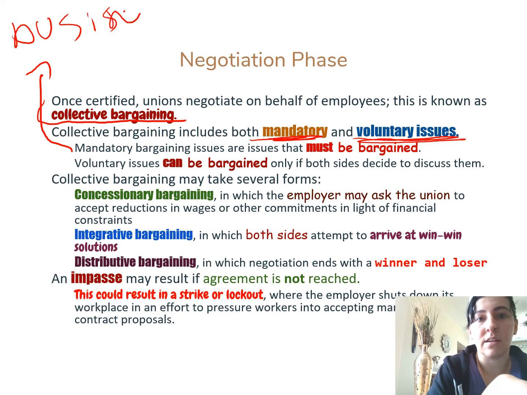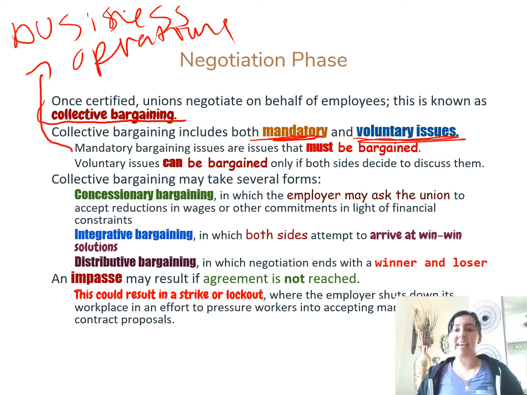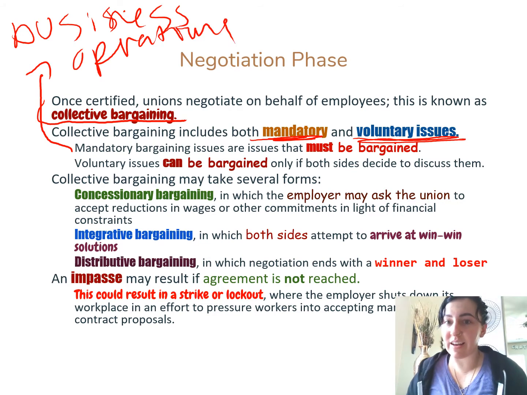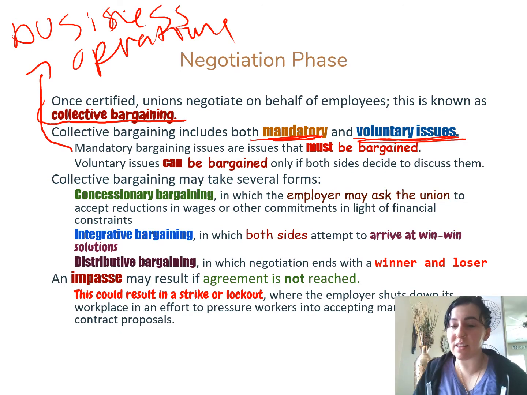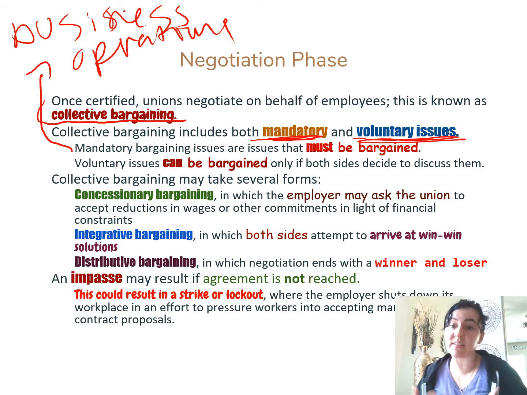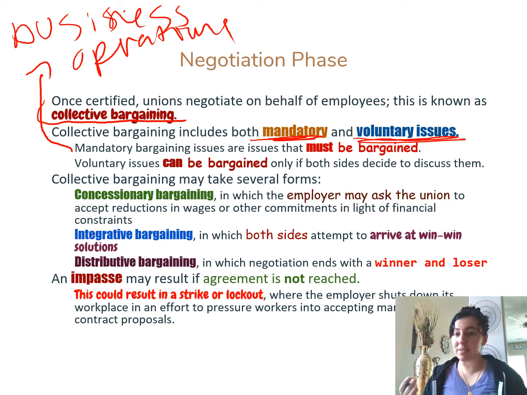The business can't afford to not negotiate this stuff. It's critical that they negotiate things that are important for your actual business operations because the business needs to continue operating. So those are mandatory issues.